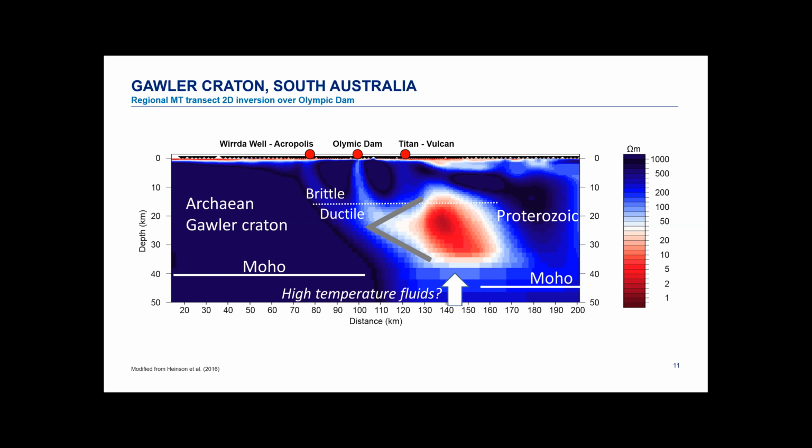It's quite compelling, and whether we actually understand what it's saying to us, I don't know how far along we are, but we have this very high conductivity blob at depth. Is that fluids or some putative magma chamber? Then we see these fingers, and I've heard people calling them the fingers of God, coming up, and they appear under Olympic Dam and Titan and Acropolis.